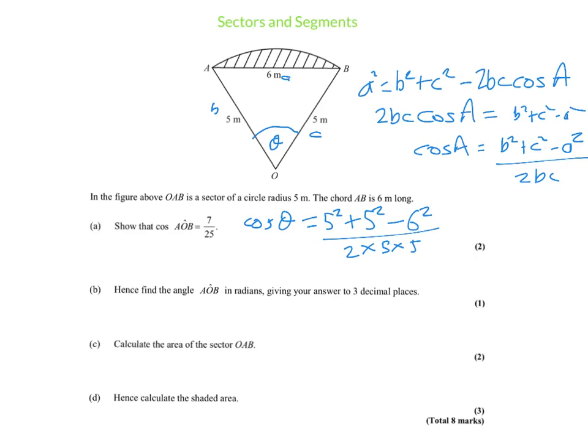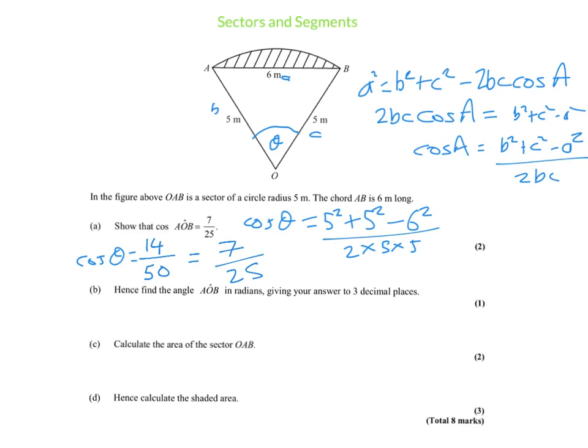So cos theta equals 25 add 25, which gives you 50, minus 36, gives you 14. Over 2 times 5 times 5 in the denominator is 50, which is 7 over 25 as required.